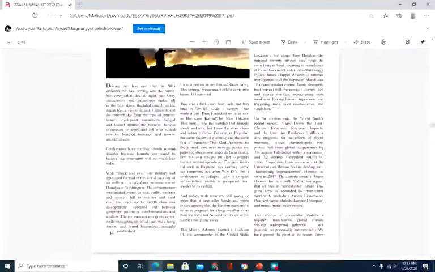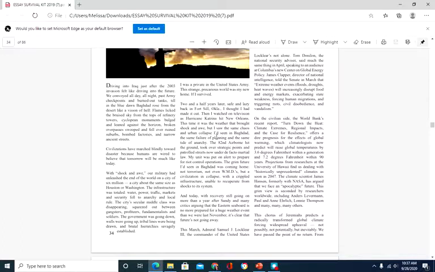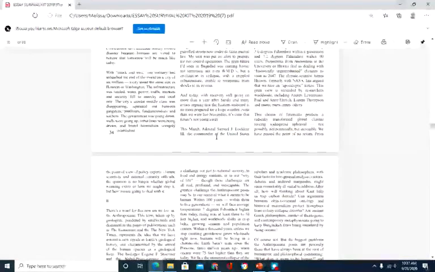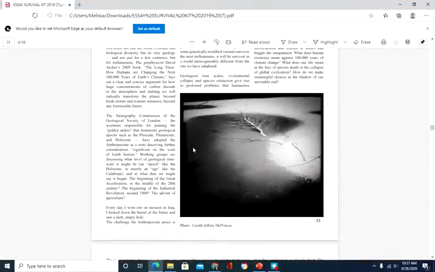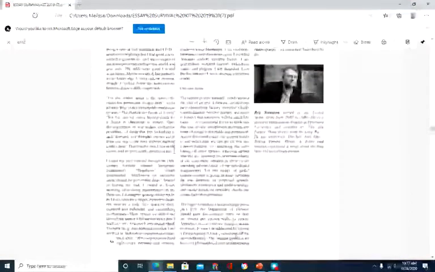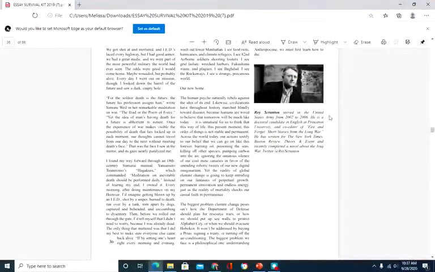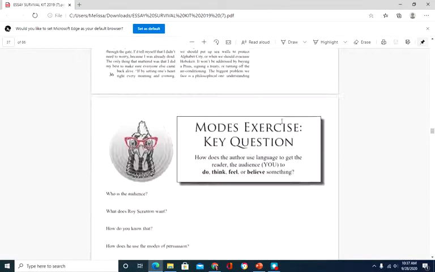So I've shared this essay with you to help you practice looking for persuasive strategies, because this particular opinion piece, this editorial in the New York Times, does, I think, a pretty masterful job of using persuasive strategies. Even in the photographs, you could talk about the photographs in this article. And then I've included a short biography of Roy Scranton so that you would know what his own credibility was.